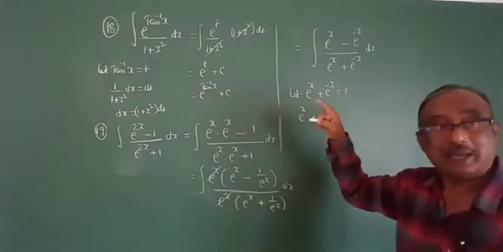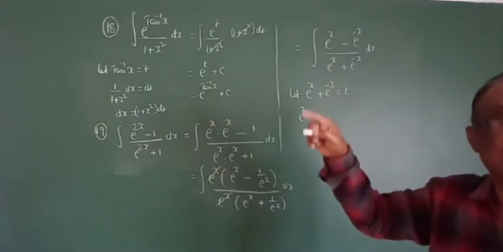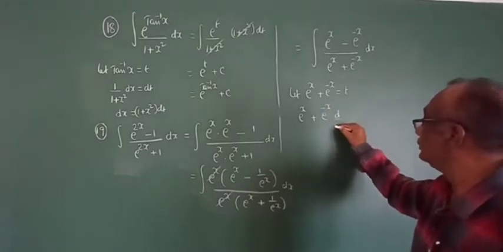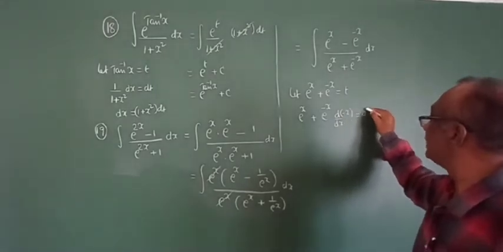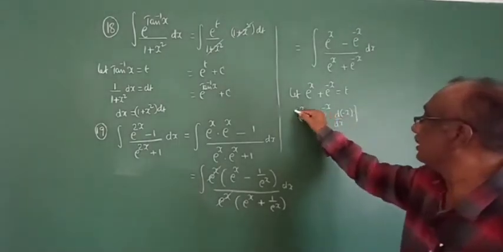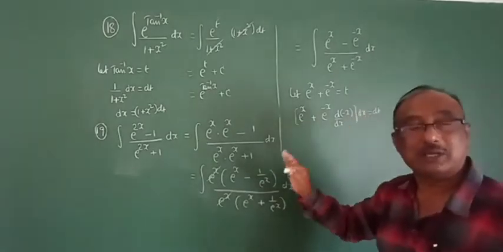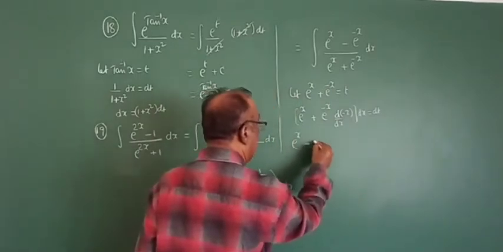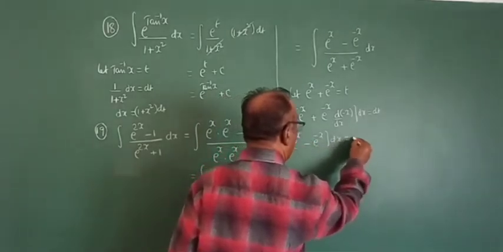But e power of minus x is not plus x; we are doing the derivative with respect to the variable x. Therefore for e power of minus x, by the chain rule, minus x into the derivative of t with respect to x. The derivative of t is 1 dt. So e power of x minus e power of minus x into dx is equal to dt.